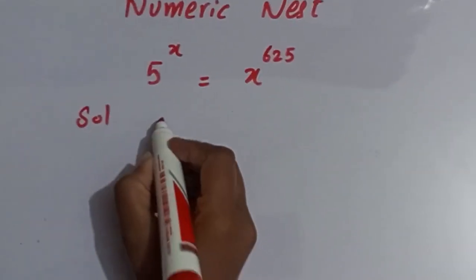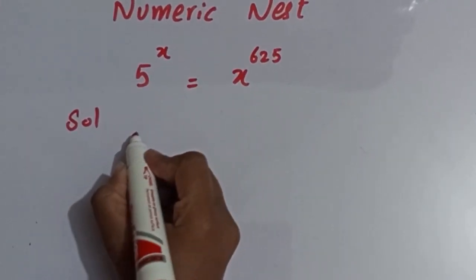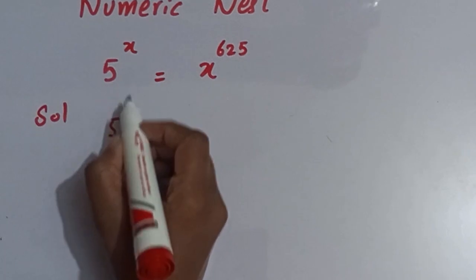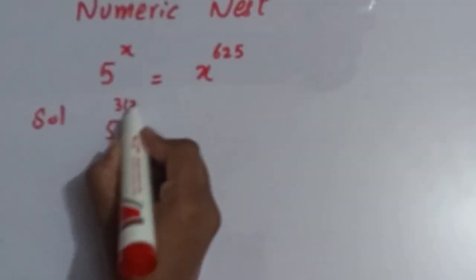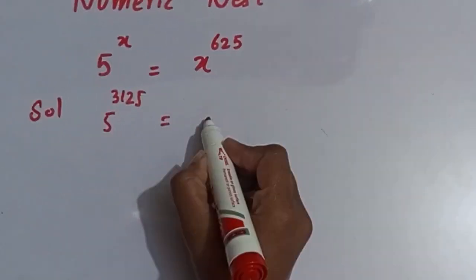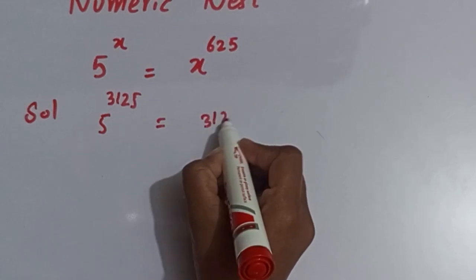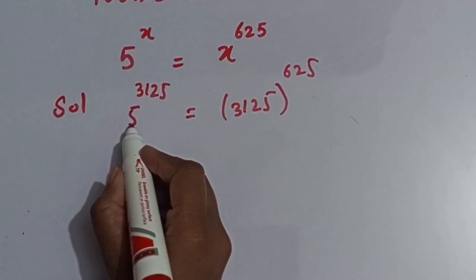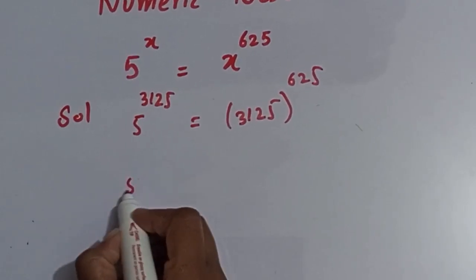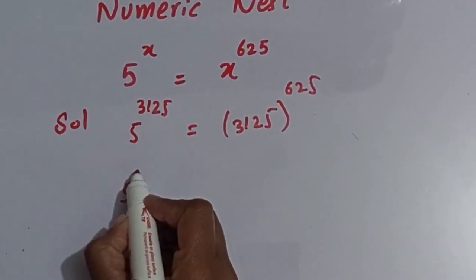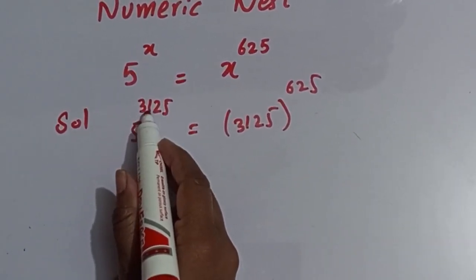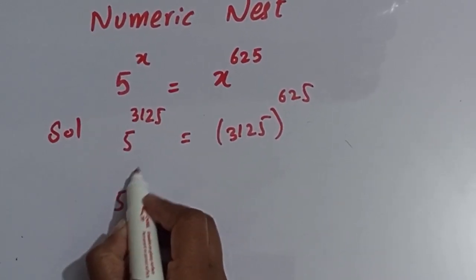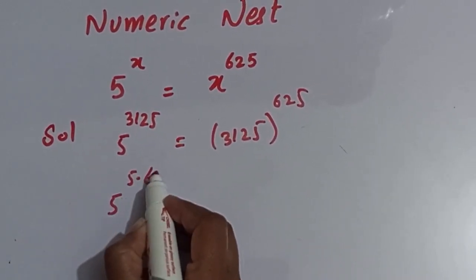So now we verify our answer. This is our question: we have 5 raised to the power x, and x is equal to 3125, is equal to x raised to the power 625, which is 3125 raised to the power 625. So look at this: this is 5 raised to the power 3125. We write this as 5 multiplied by 625.